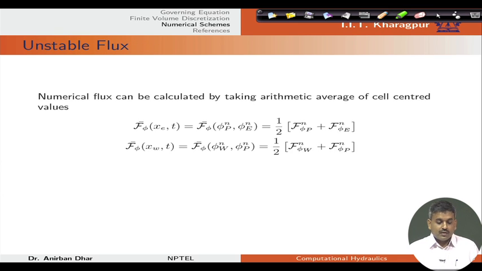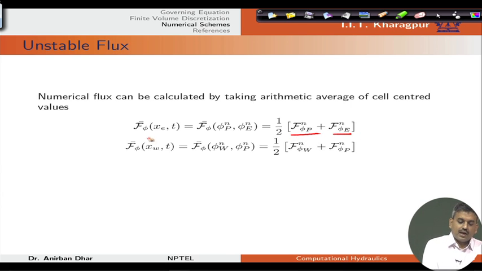Now, in this case, a first-hand approximation of the flux function can be the averaged flux values from both the cells.